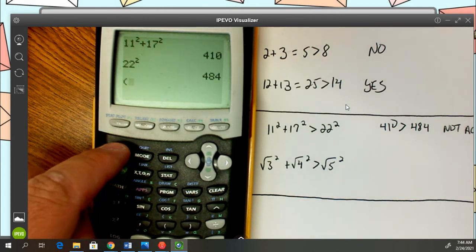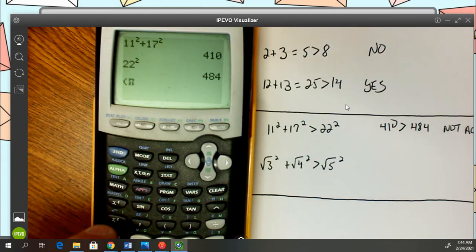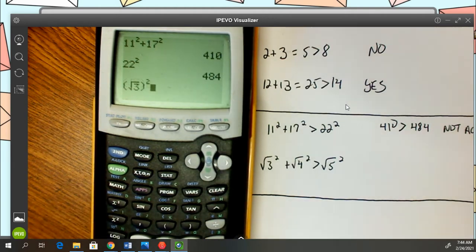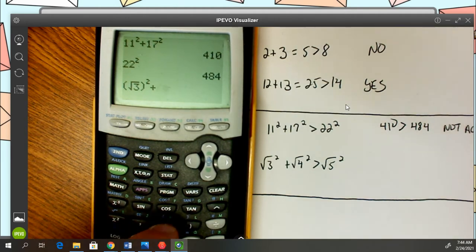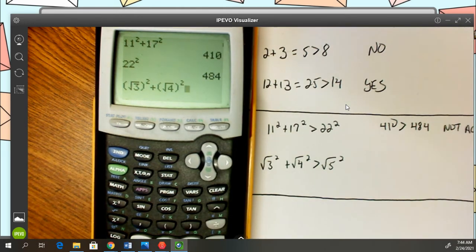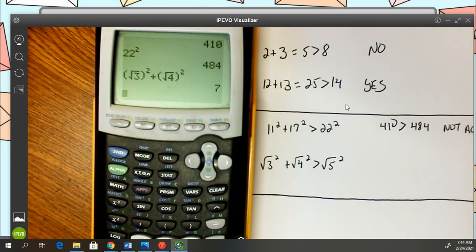So I'm going to put in, remember I hit second square to get that square root sign, 3. And I'm squaring that, plus square root of 4. And you get used to pushing the buttons, pushing the over arrows. That is 7.